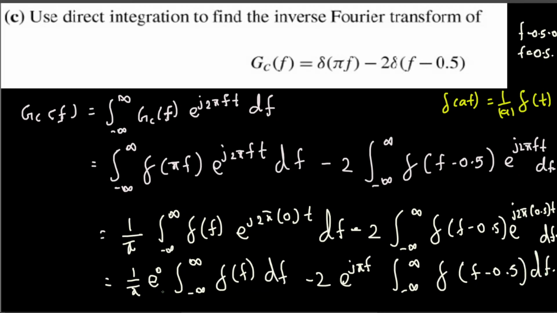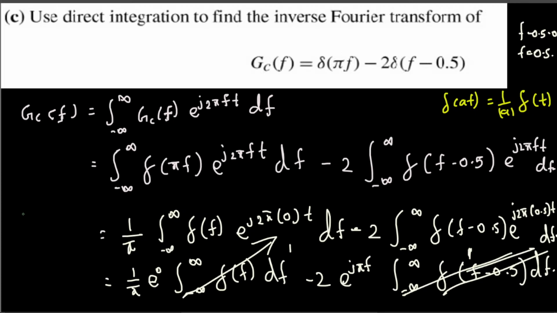When you integrate an impulse function, that is equal to 1. So this whole thing becomes 1, and this whole thing becomes 1. The integration of the impulse is 1.